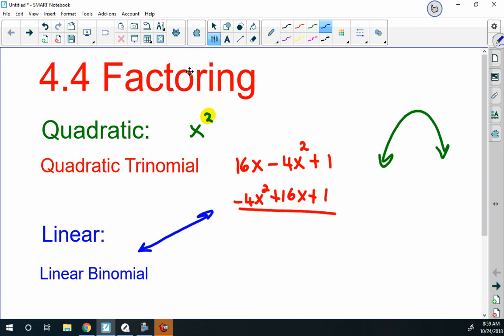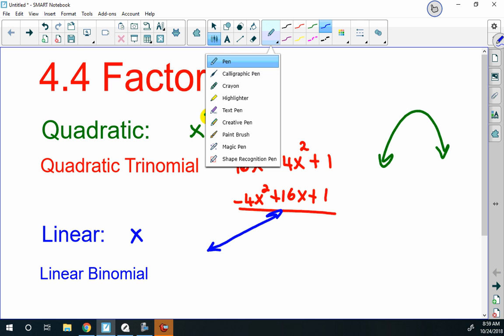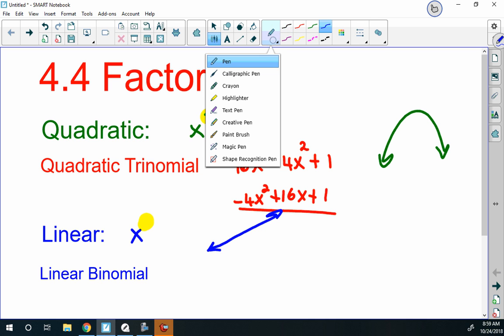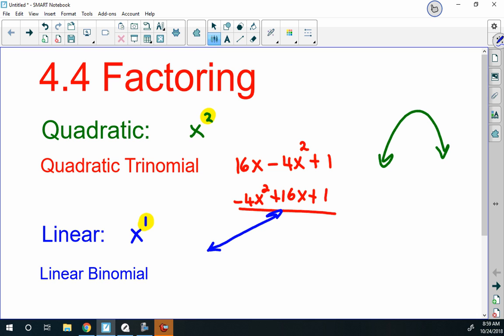So if we talk about a linear binomial, I guess we got to talk about how big its exponent is. What's the biggest exponent going to be in a linear term? Not infinity. In a quadratic, the biggest is 2. In a linear, the biggest is going to be, is it going to be a 1?